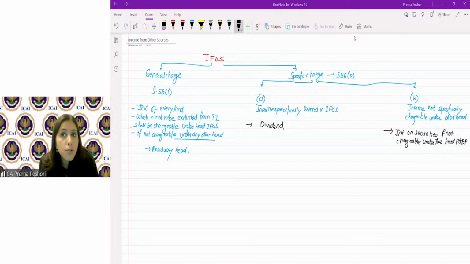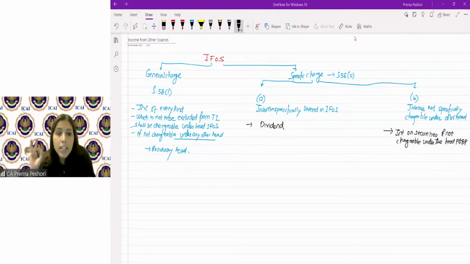Let's see if you recollect. I had told you that if the interest is specifically chargeable under the head PGBP, then it will not go to income from other sources. So interest on securities is chargeable under income from other sources if not chargeable to PGBP.